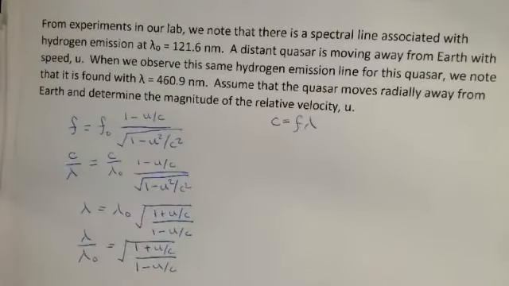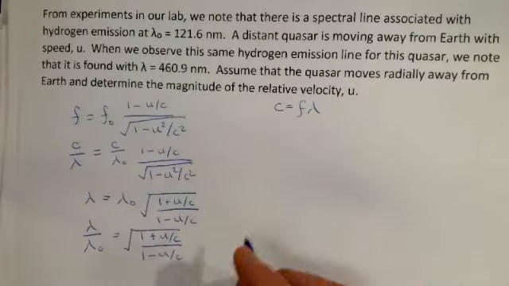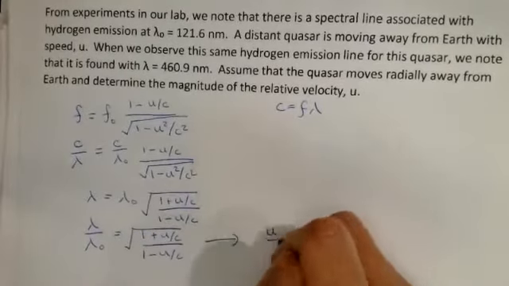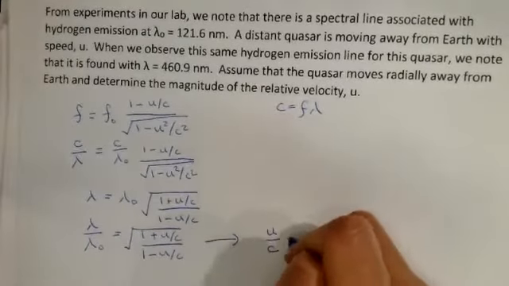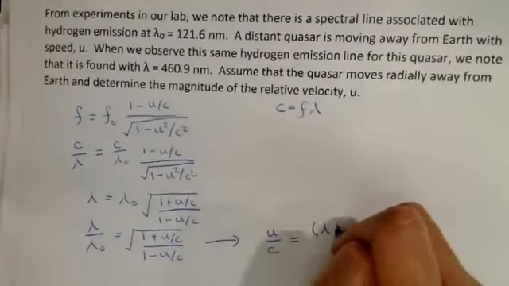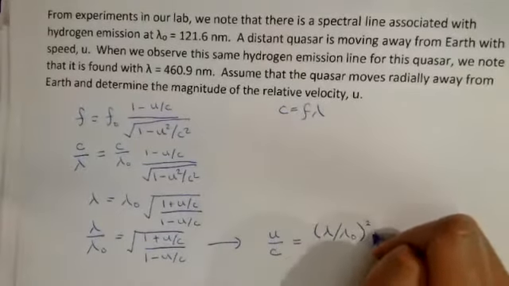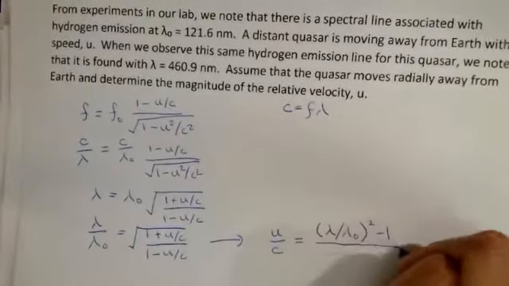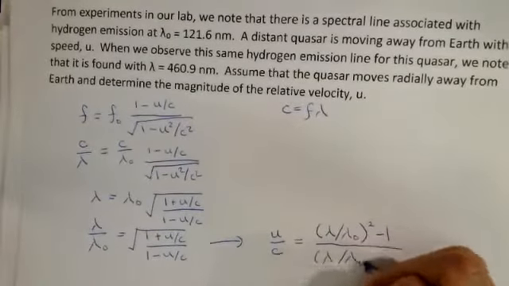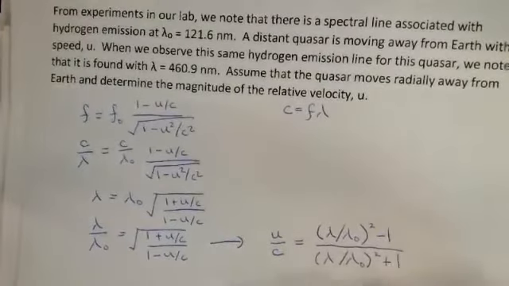square both sides, and then solve for U over C. If we do this, we get that U over C is equal to, modulo little algebra, lambda over lambda naught squared minus 1 over lambda over lambda naught squared plus 1.